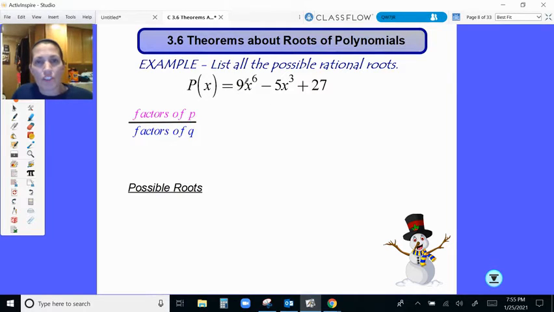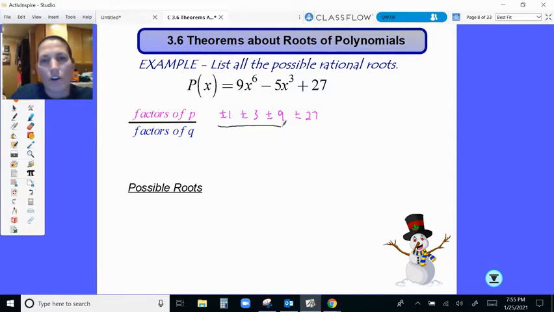So here's a little bit different one. Now we actually have a coefficient out here in front. So we have a P over here and a Q over here. So let's find our factors of P. So our factors of 27 are going to be positive, negative 1, of course, positive and negative 3, positive and negative 9, positive, negative 27. I think I got them all, right?